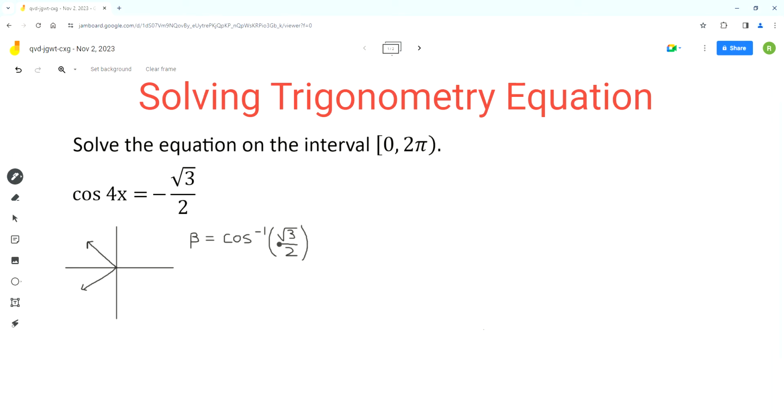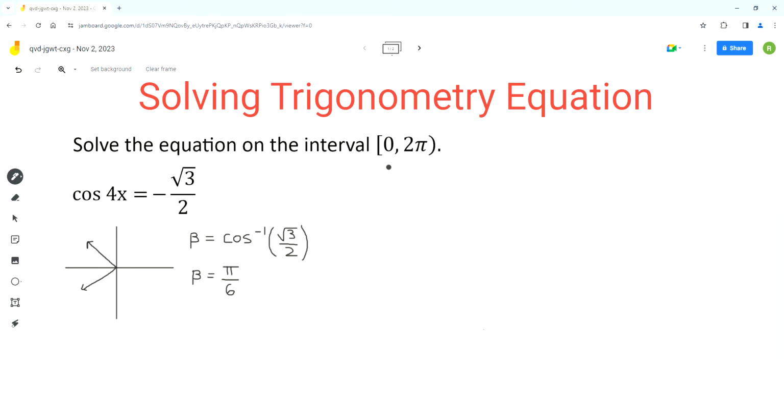We get a special angle, and that special angle is pi over 6. You can get this either from the unit circle or from the special triangle for pi over 6. Now since the given domain is in radians, our answers have to be in radians.